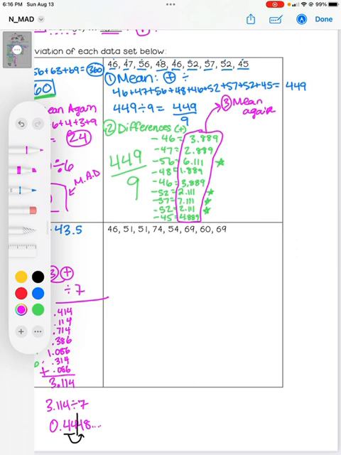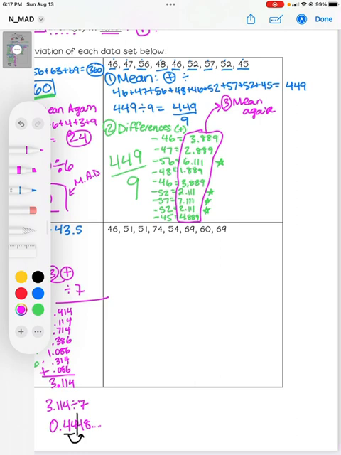So we'll have 3.889. I'm going to type this as I say it. 3.889 plus 2.889 plus 6.111 plus 1.889 plus 3 and 889 thousandths plus 2 and 111 thousandths plus 7 and 111 thousandths plus 2 and 111 thousandths again, and that's because we had 52 written twice.